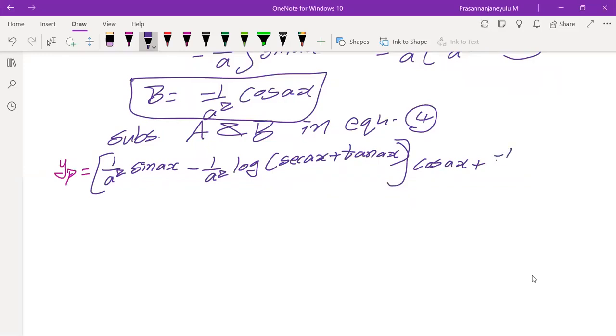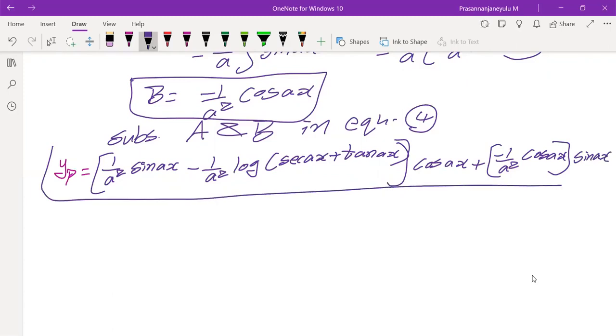Minus 1 by a square into cos ax, into v of x. What is v? Sin ax. So this is our yp, and taking it as equation number 5.